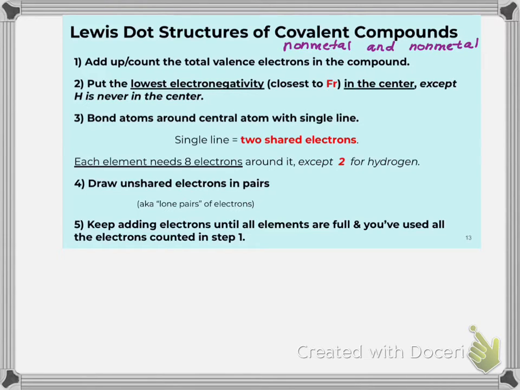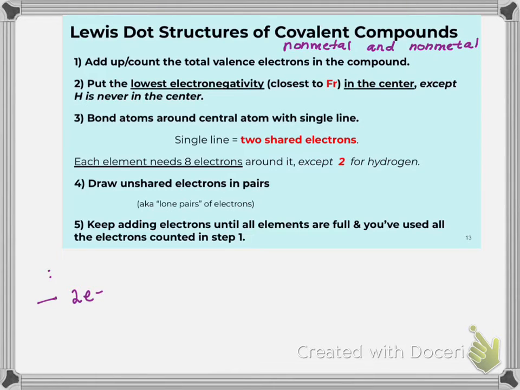Well, you need to keep a few things in mind. The first is that everybody wants to be satisfied, and in order for everybody to be satisfied, they need an octet around them. You're going to see these as lone pairs, or you can see it as a bond. A bond is represented as a single line, and a single bond represents 2 electrons.